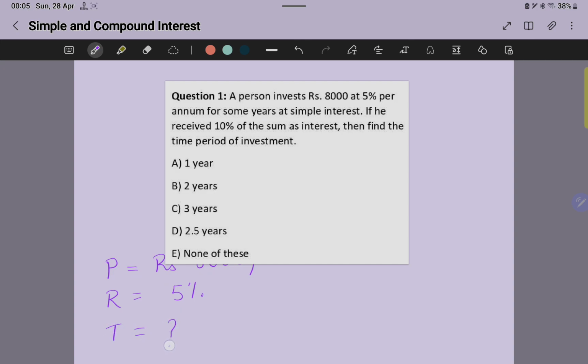So time you have to take out. But one important line is written: if he received 10% of the sum as interest. Now, simple interest here is 10% of the sum, that means 10% of the principal amount.